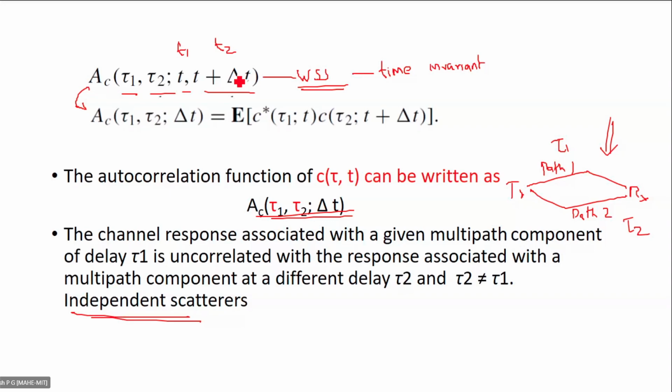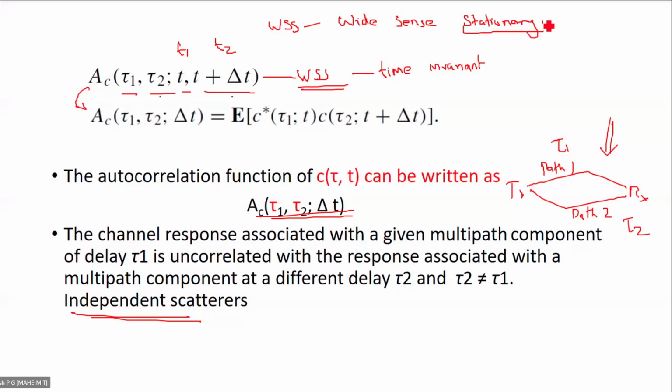Okay, now we assume that the channel is WSS. It means that it is wide sense stationary. The important point is that it is stationary, that is, it is time invariant.